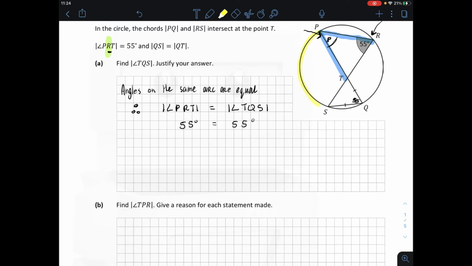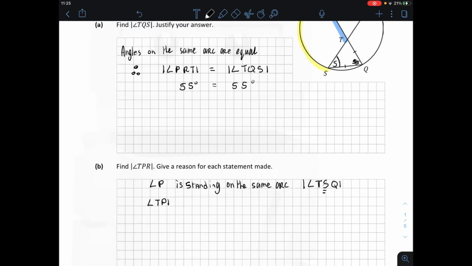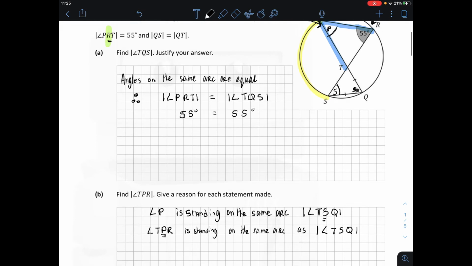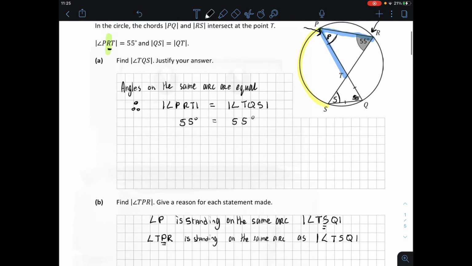So we know that this angle P is standing on the same arc as our angle T, P, R, our angle P is standing on the same arc as angle S, angle TSQ. So if I can find angle S, I will also find angle P.